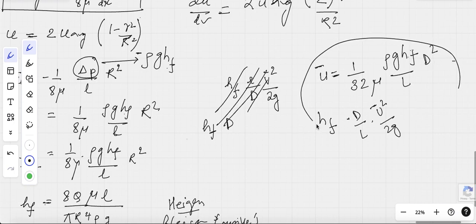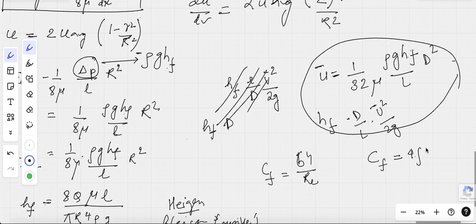Right? This would give another friction factor, which is 64 by Re, which is the Darcy's friction factor. Right? Cf is 4 times f. This is the relation. Right? We'll get back to this.